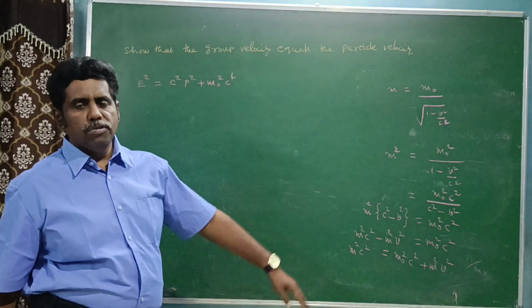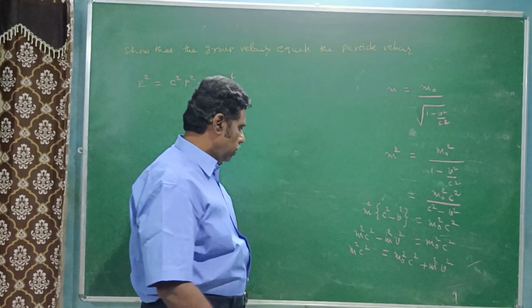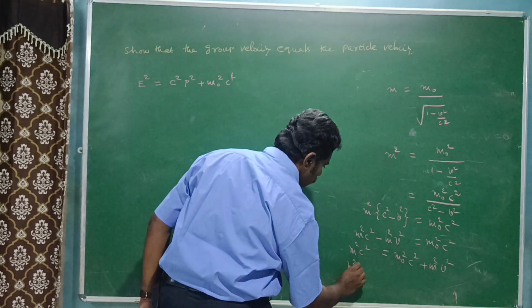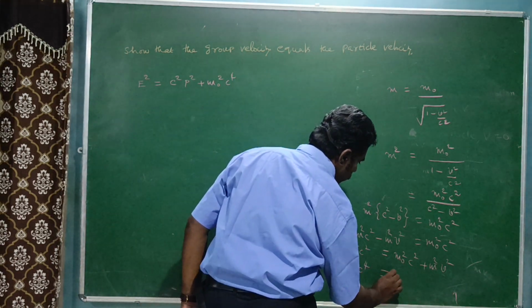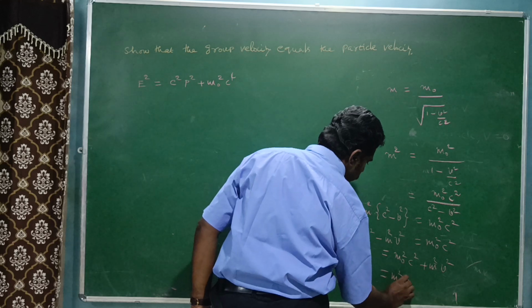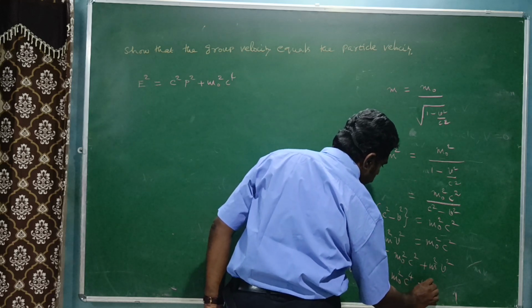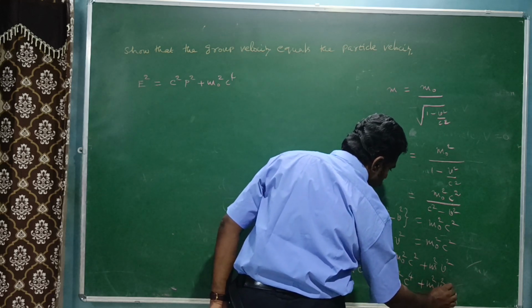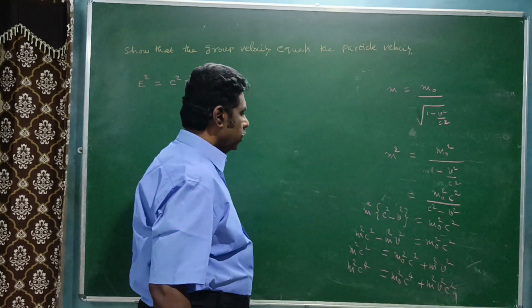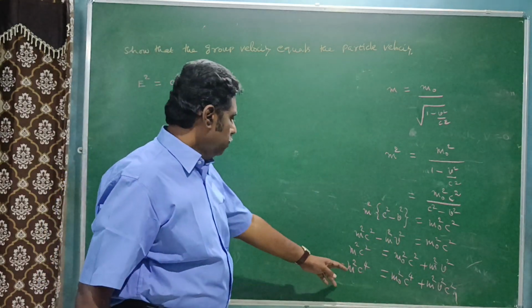Now multiply both sides by c square. We can get m square c power 4, which is equal to m0 square c power 4 plus m square v square c square. We know that E equal to mc square.